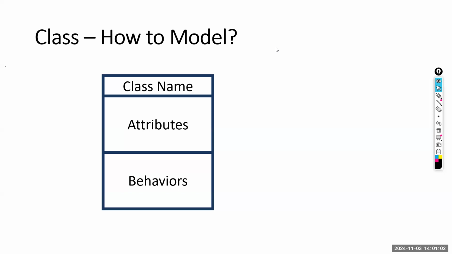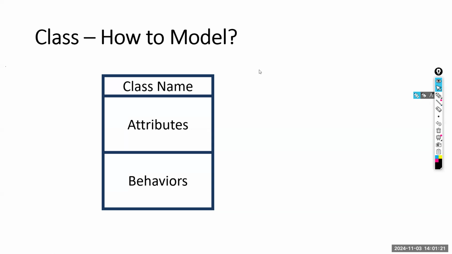Anyway, I'll explain it again. But let's first finish this question of whether a class is a group of objects. The simple answer is a class is not a group of objects. Why? I will explain it after I give you the definition of what is a class.